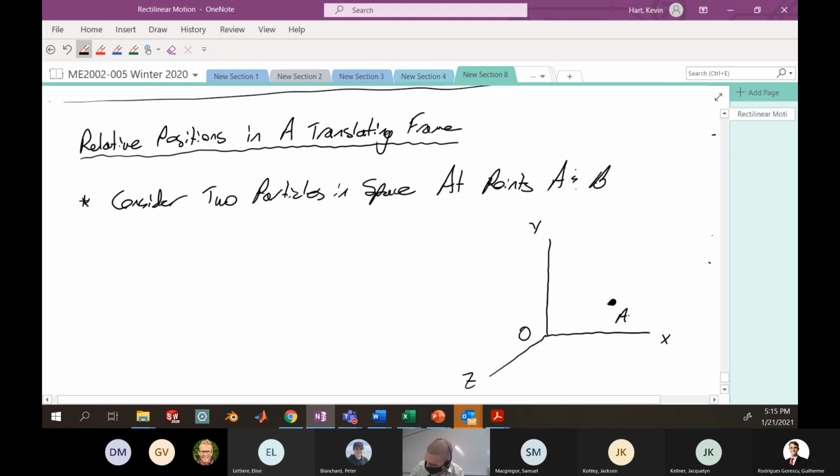One that's point A, here's A, and another up here is at point B. We can define each of the positions of these guys using our typical position vectors: position vector which locates A, and position vector which locates B. No problem.